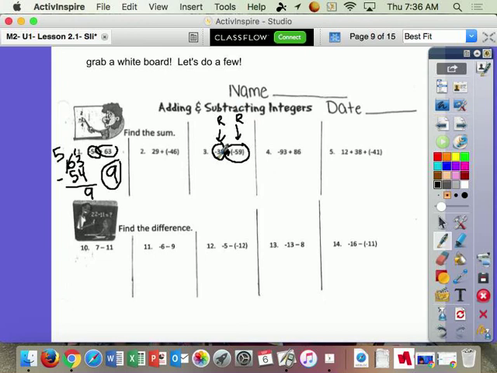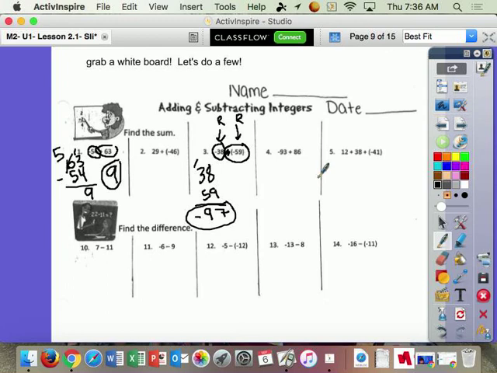So if I have 38 red and I have 59 red, are there any pairs that I can cancel out? No. So what is 38 and 59? 97. And are these both red? Yes, so it's a negative.